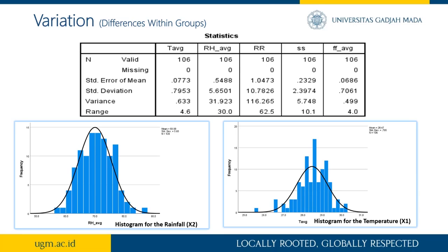So we got here the average data for the rainfall, and we have here the histogram of the temperature, which shows that we always have different data and different values related to the frequency.